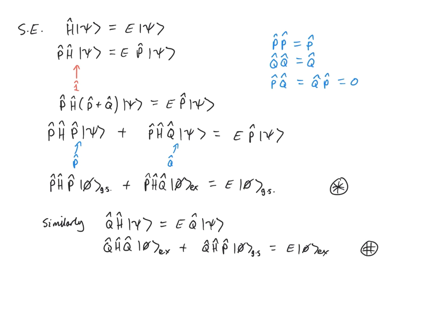Okay, there's actually another simplification we can make here, because H is equal to H naught plus H1, and that means that if I consider the combination P H P, this is of course equal to P H naught P plus P H1 P. But this second term is equal to 0, because if I imagine starting off with one of the ground states contained within P, and then I act on it with H1, H1 is the tunneling term, and so that's going to give us one of the excited states.